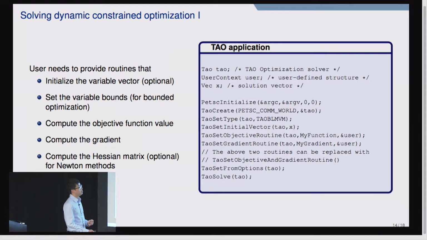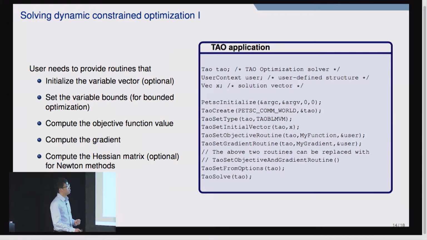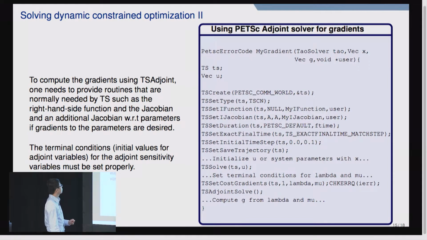And you can provide an initial guess, which is not required. And you need to provide a function to evaluate the cost function and a function to calculate the gradient. Alternatively, you can combine these two functions into one function and feed it to TAO as a bundle. So your simulation code and the adjoint calculation can be encapsulated in this gradient function, my gradient function.